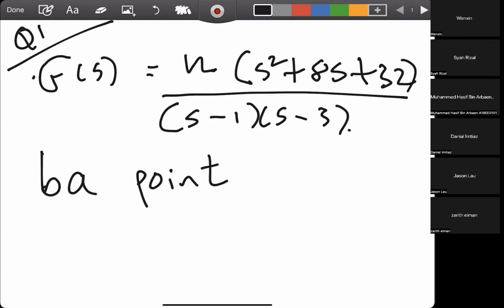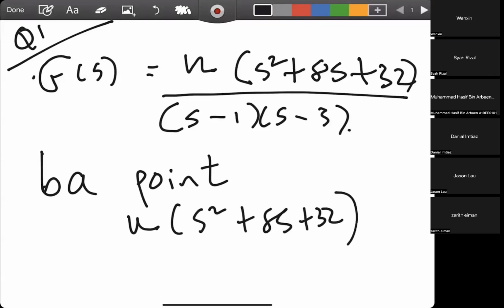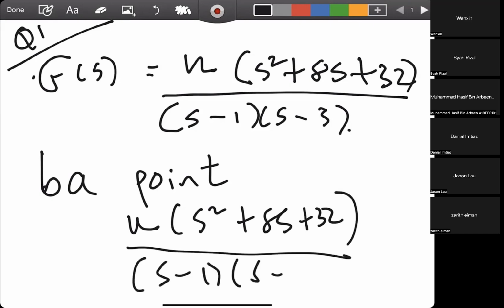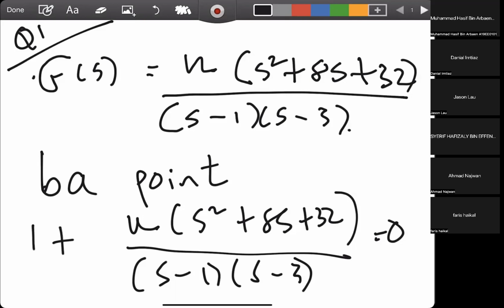Breakaway point. Okay, we take the equation 1 plus K times (s squared plus 8s plus 32) over (s minus 1)(s plus 3) equal to 0.